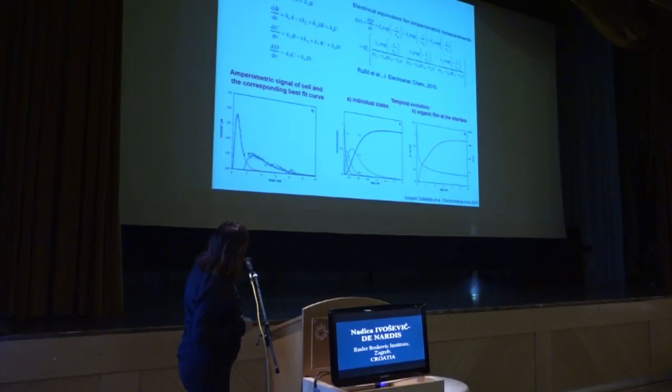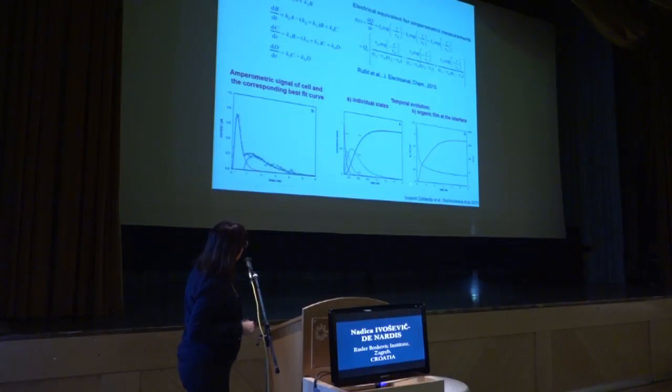From this secondary part of the signal, besides getting these time constants of the process that are rate limiting steps, we can also obtain information about the overall contact interface area. By taking into account the volume of the cell from atomic force measurements, we were able to calculate the film thickness in time.